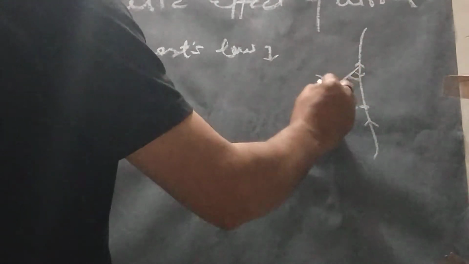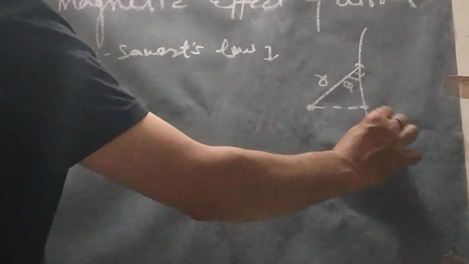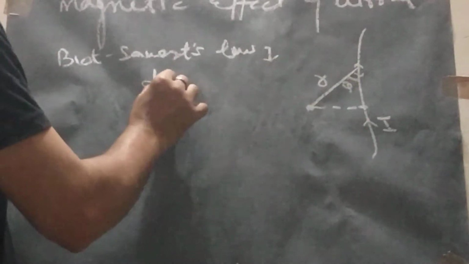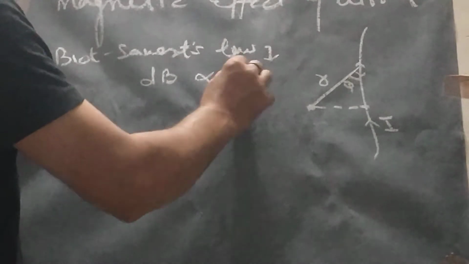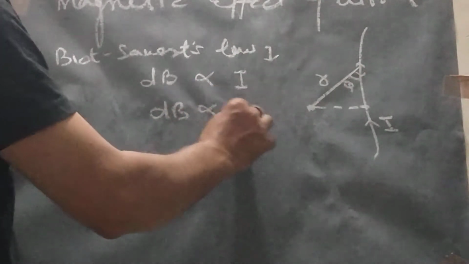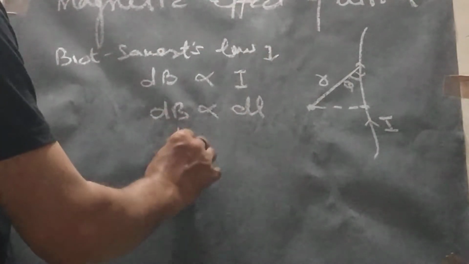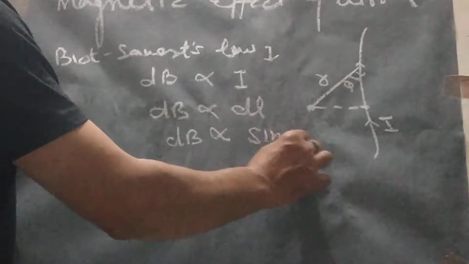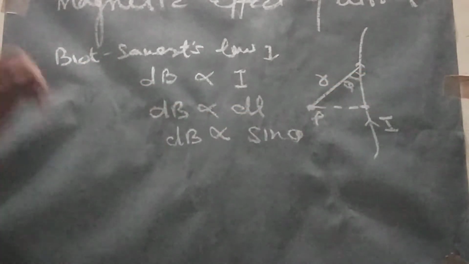depends upon, number 1, the strength of current flowing. This is the current element, therefore there will be a small magnetic field produced. This magnetic field depends upon the strength of current element, the length of the current element, and the sine of the angle between the point and the current element.